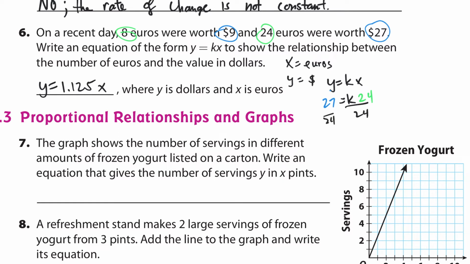And 27 divided by 24 is still 1.125. So it doesn't matter which ones you use. It's proportional. That's part of the point. It doesn't matter which pair you use as long as you're consistent.